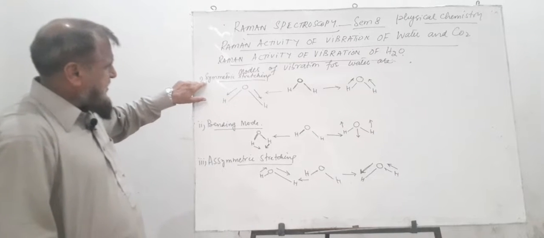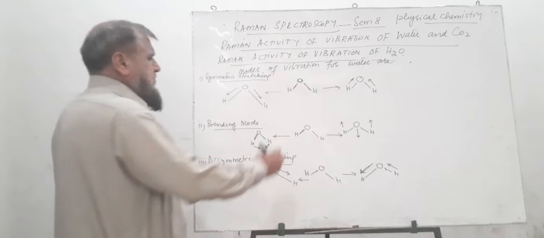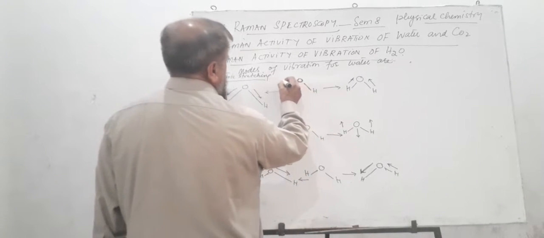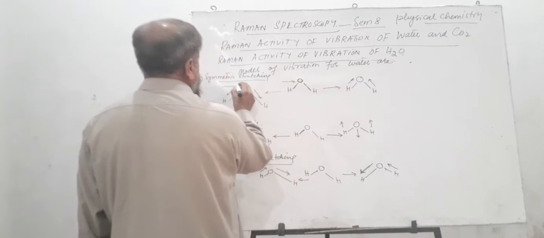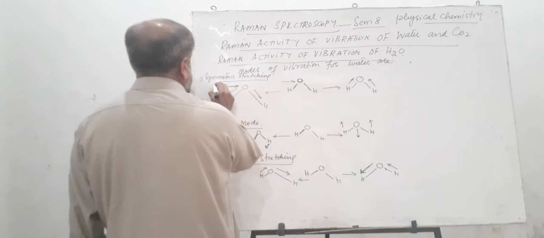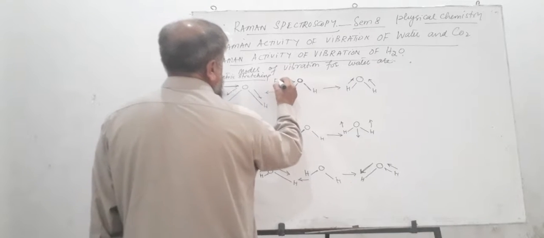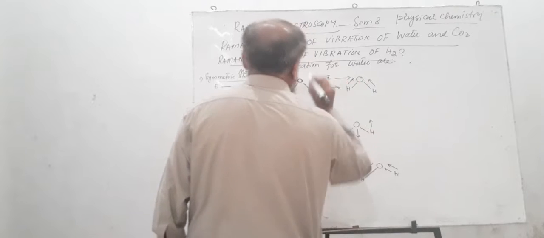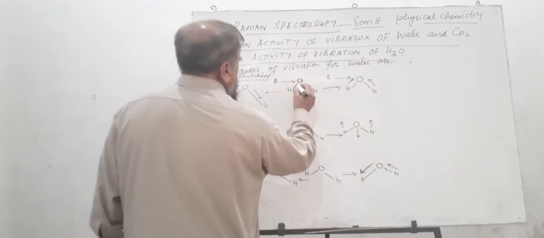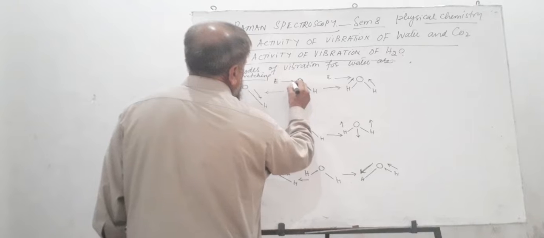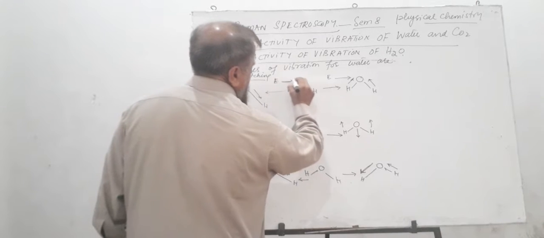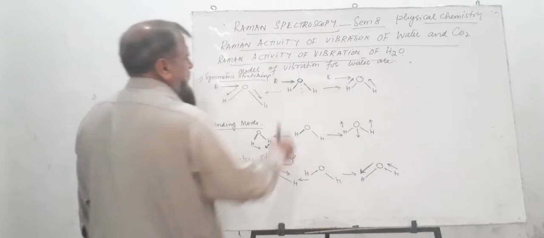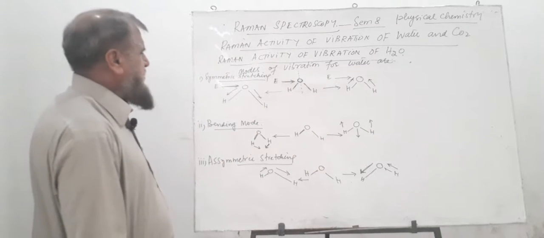First of all, we consider symmetric stretching. We had already discussed that let us suppose if it is the direction of applied electric field or electromagnetic radiation such as laser, now here in the direction of the field, the polarizability in this direction will be higher and the polarizability perpendicular to this direction will be less.